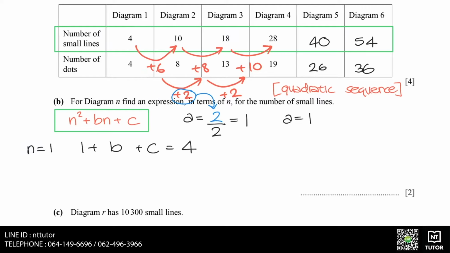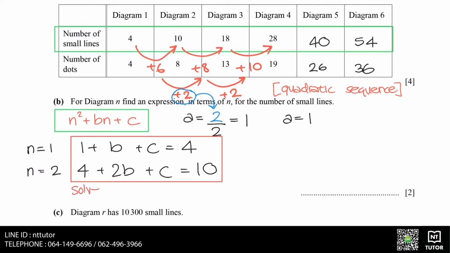And when we substitute n equals 2 into the expression n squared plus bn plus c, it must equal 10 because the second term in the sequence is equal to 10. And now we have two equations we can solve simultaneously for b and c.